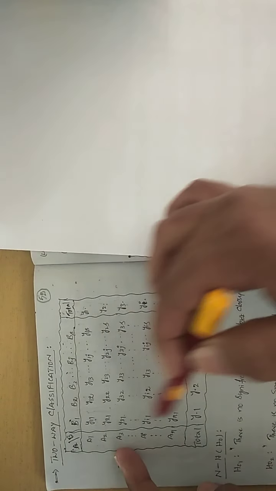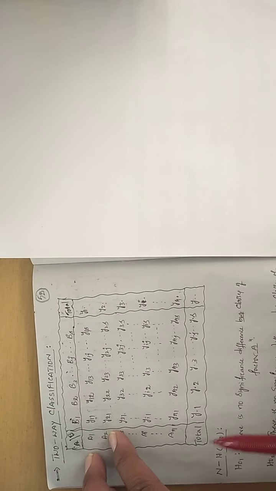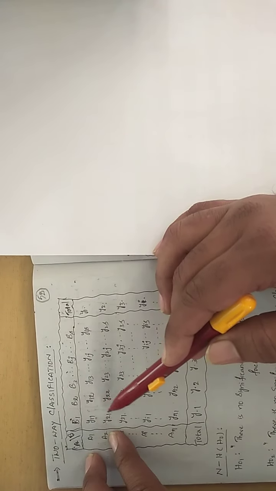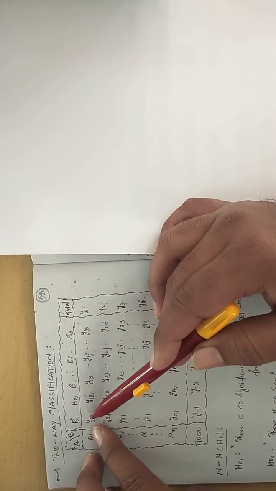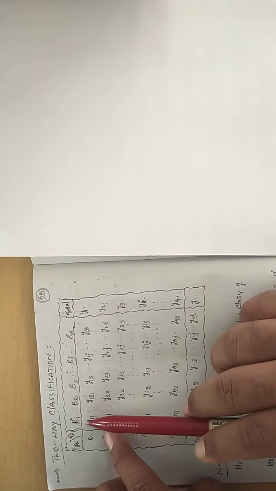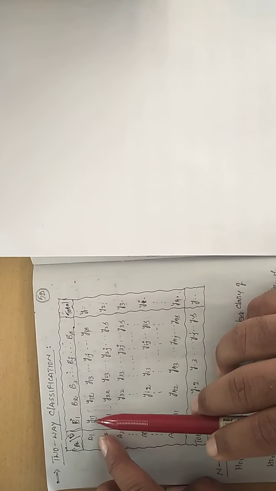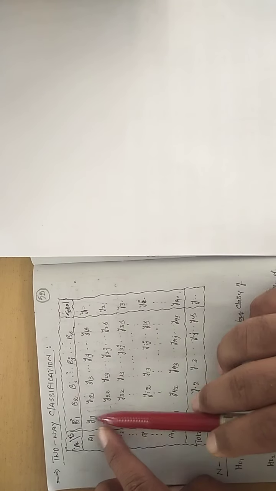Now let us go to the column totals. In the columns, if you see, the second element is going to be common, but the first element is going to change. Actually, how do you read this? Y11 means first row, first column element.